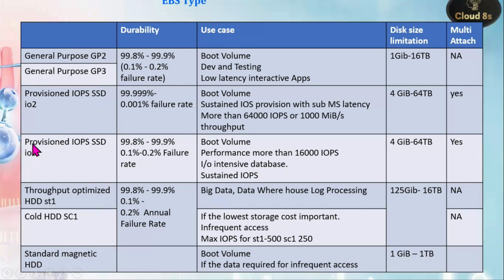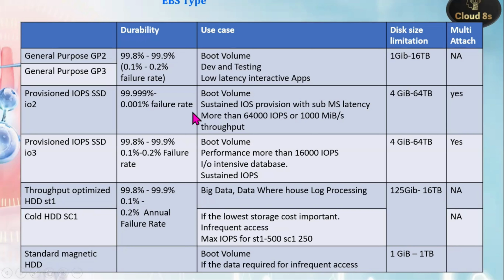They focus on IOPS and throughput in Provisioned IO2 and IO3. They give only a 0.001 percent failure rate, so we can get very high availability using IO2. IO3 has a 0.12 to 0.2 percent failure rate, similar to GP2. So these are all similar.